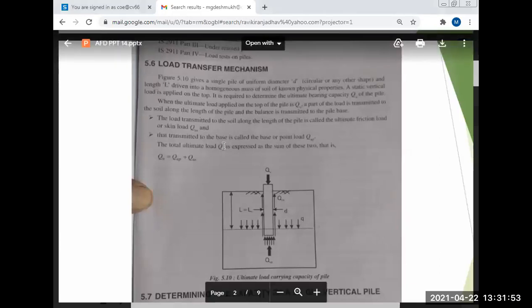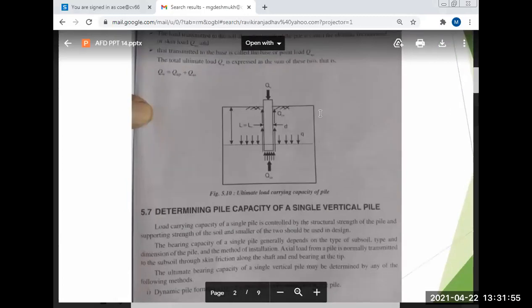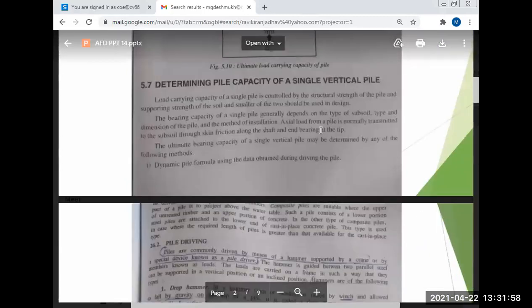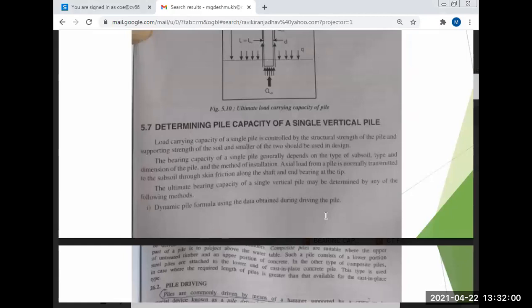Okay. So now it is clear how the load is transferred in pile. Now our main aim is to design the pile. Design in the sense, here we have to find the ultimate bearing capacity of a pile.